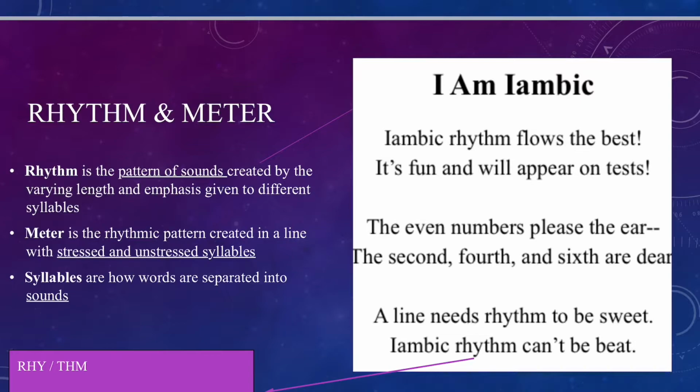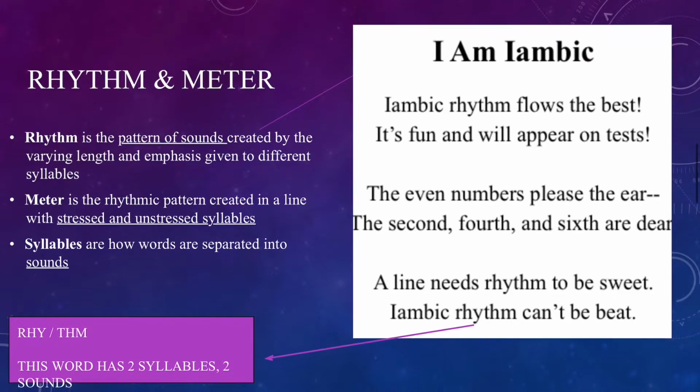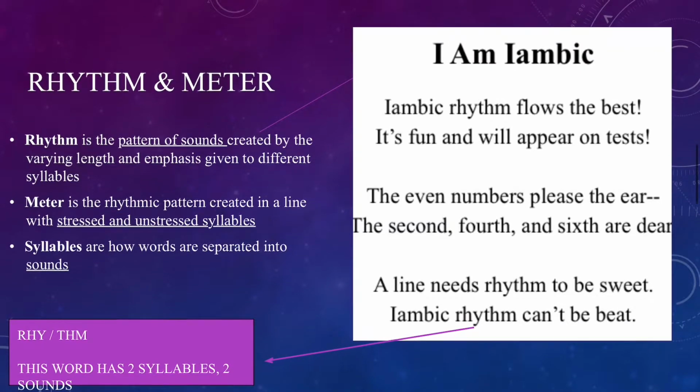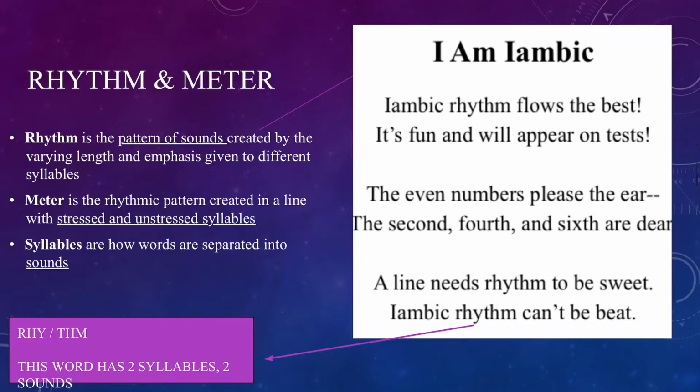Meter is going to be the rhythmic pattern that's created in a line with stressed and unstressed syllables. So let's talk about syllables really quickly. Syllables are how words are separated into sounds. Usually when we're younger and we're starting off with syllables, we clap out the amount of sounds in a word to help identify them.